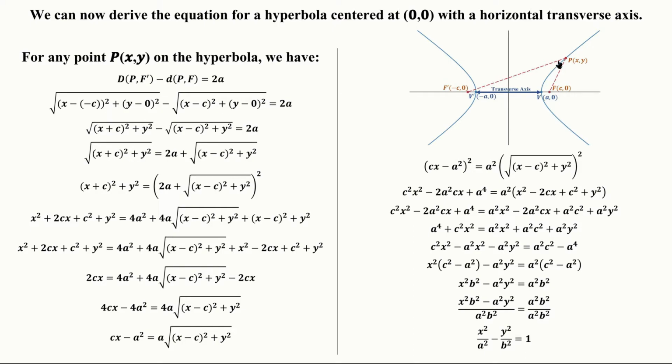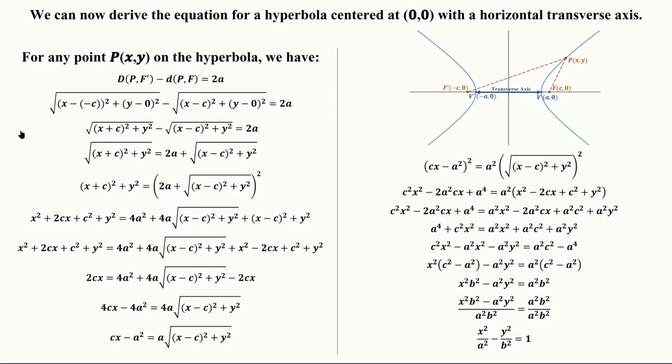So applying the distance formula again, like we did in our video for ellipses, for the distance between P and F prime we get the square root of (x minus negative c) squared plus (y minus 0) squared, minus the square root of, now for the distance between P and F, the closer focus, (x minus c) squared plus (y minus 0) squared.